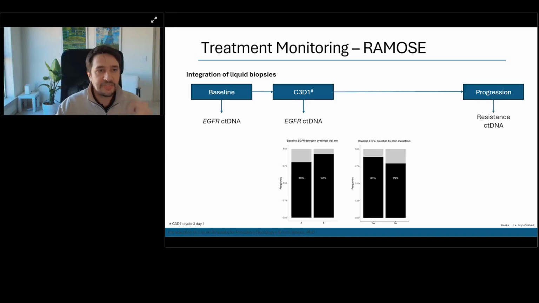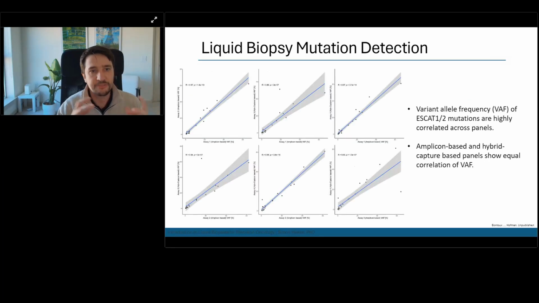And when we now think about the way that we want to look at EGFR mutation, I think it's also very important to highlight that detection in the liquid biopsies of a mutation is surprisingly well correlated across certain assays. For example, here I'm going to show you some data that was really looking at the comparison of variant allele frequencies, so the fraction of a certain mutation, this time specifically looking at ESCAT 1 or 2 mutations across 4 different liquid biopsy panels.